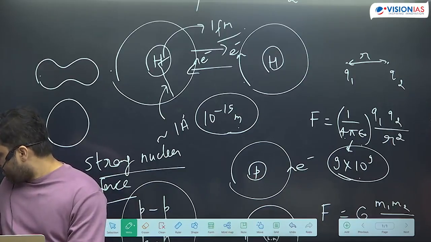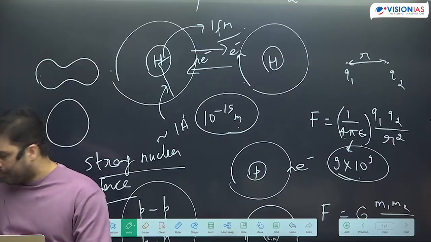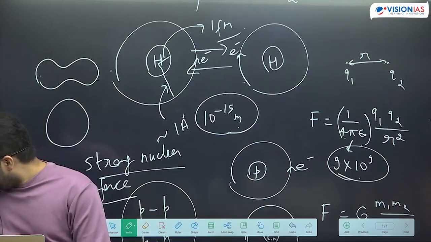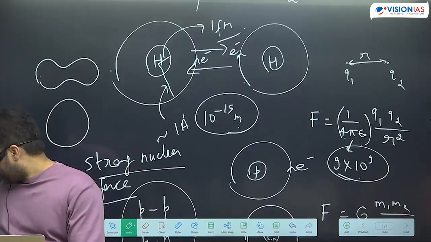When it happens, a huge amount of energy is produced, which can be calculated using Einstein's mass-energy equivalence, E is equal to mc squared.